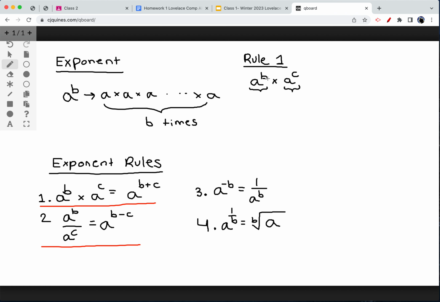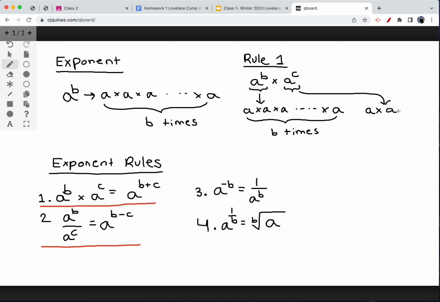So we know a to the power b is equal to a multiplied by itself b times. And we know that a to the power c is equal to a multiplied by itself c times.